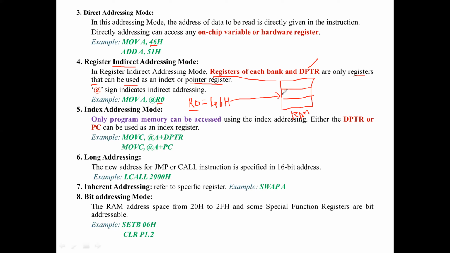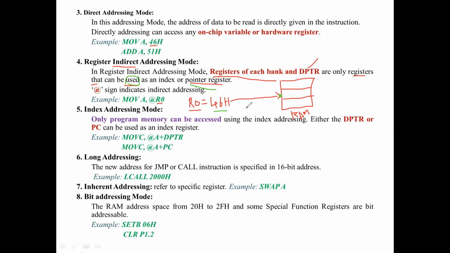This will point to one of the locations in RAM. In the R0 register we have some data, 46H, so this register can be used as a pointer register for the data to access from memory.